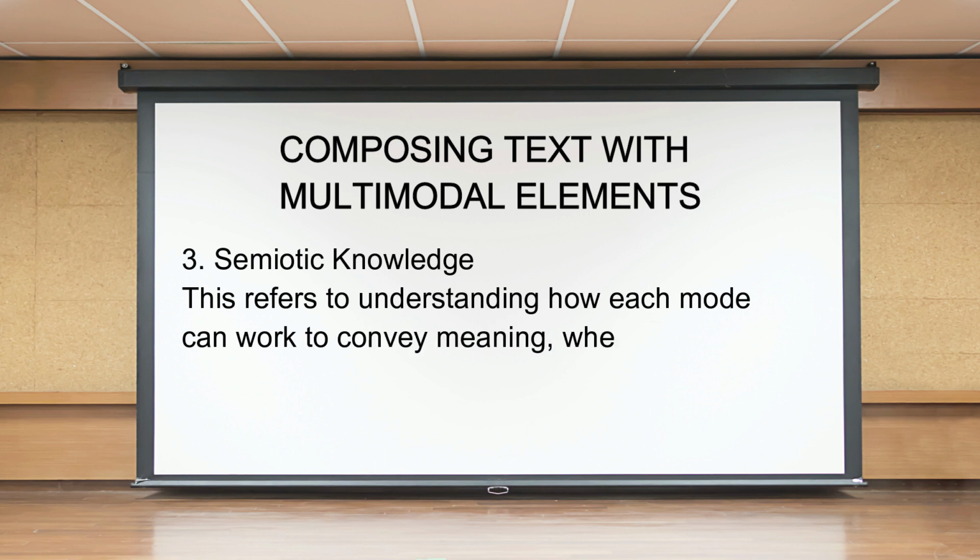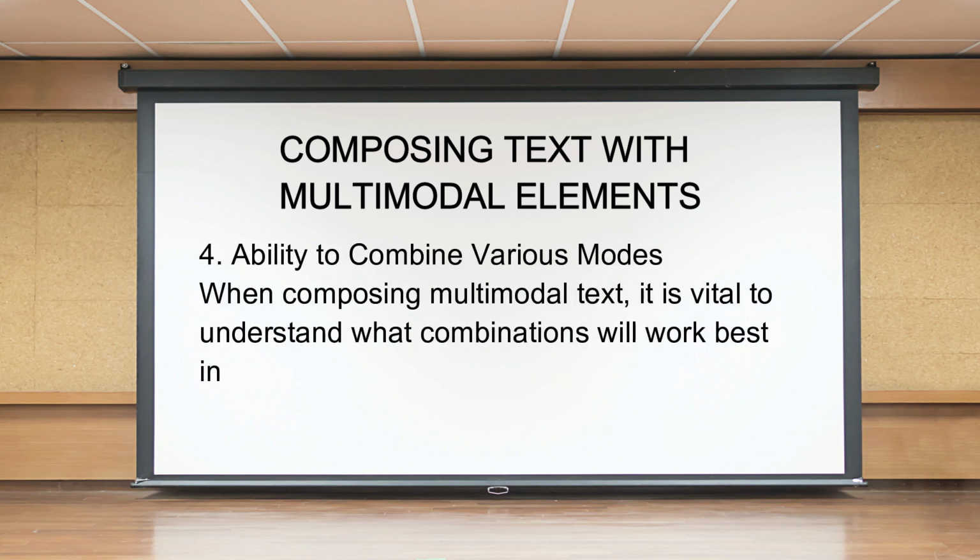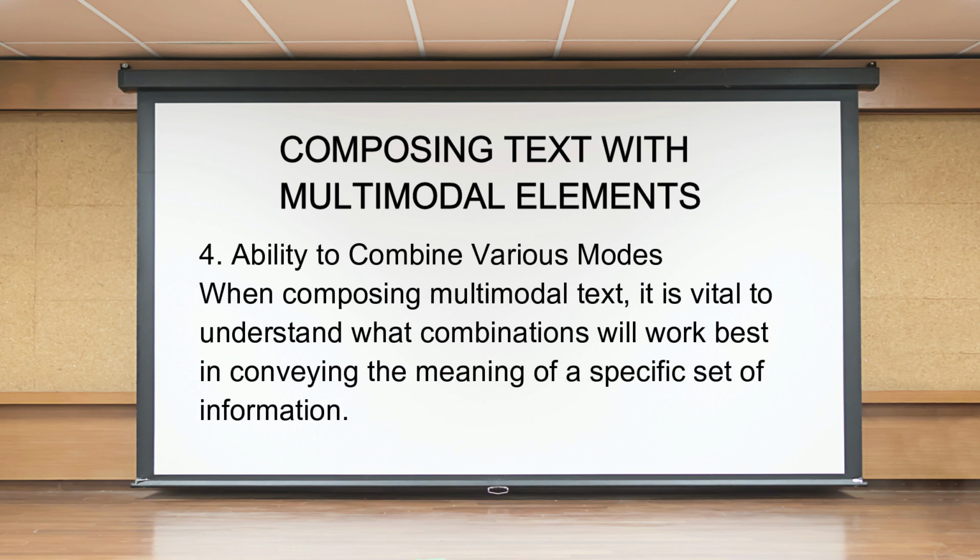3. Semiotic knowledge. This refers to the understanding of how each mode can work to convey meaning, where each mode or semiotic system has its own function. 4. Ability to combine various modes.